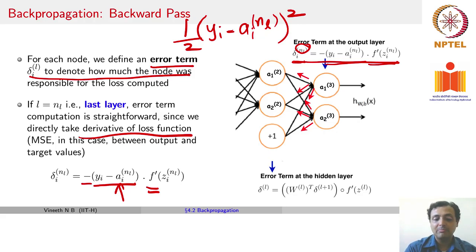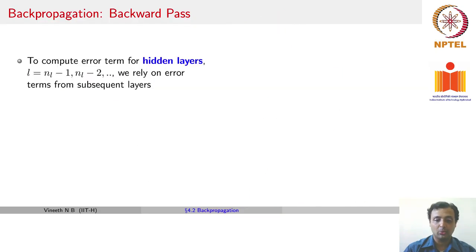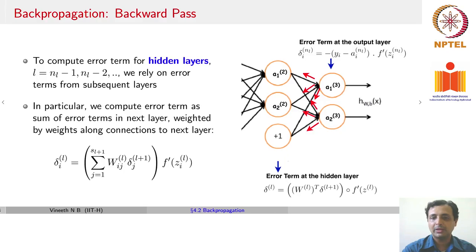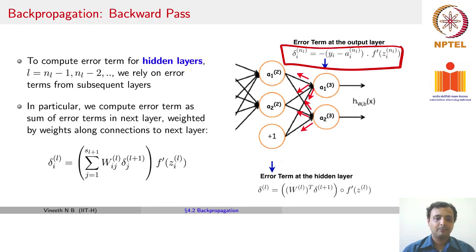Now we're going to claim that the error term at the hidden layer is going to be given by this quantity, and let's try to find how. For the hidden layer, we have to rely on the error terms from the subsequent layers. So once again, let's assume that the error term at the output layer is given by this.